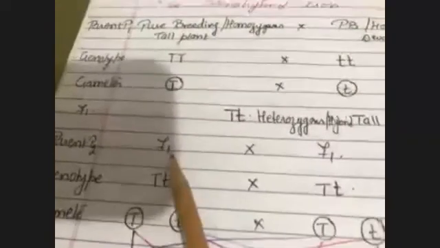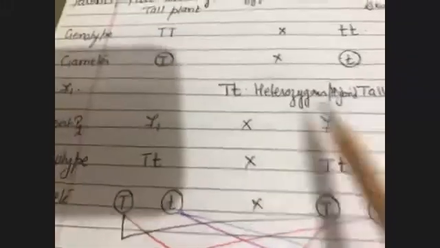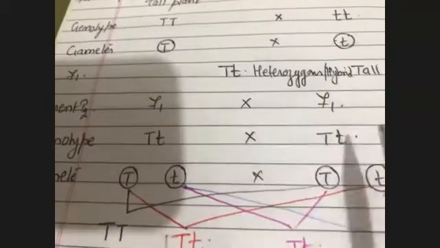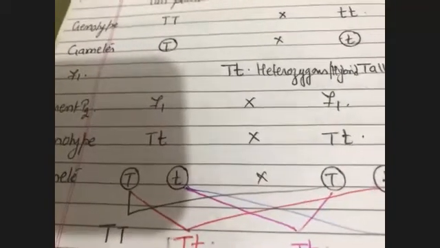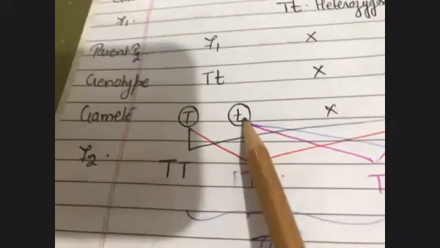Now this heterozygous tall of the F1 generation is undergoing inbreeding or selfing. The genotype of this we already know, capital T, small t, capital T, small t. Gametes so obtained are capital T with a circle, small t with a circle, and capital T with a circle, small t with a circle.